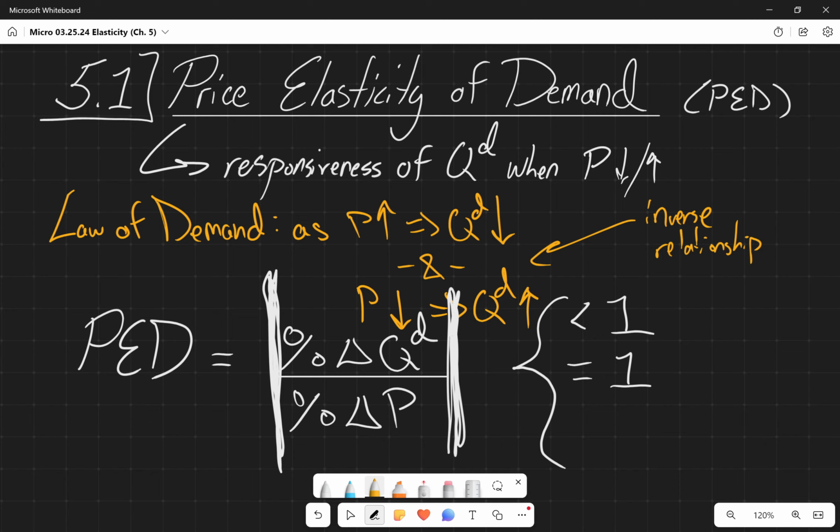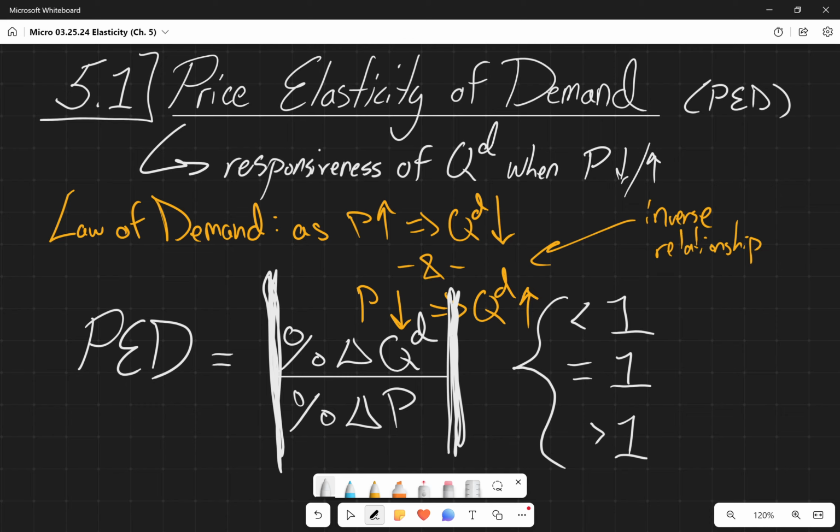Economists, in their wisdom or love of confusing common people, take the absolute value and discuss it in positive terms, assuming you're aware the law of demand is holding and these are inversely related. So it can take a value less than 1 but above 0, can take the value of 1, and can take the value of greater than 1.